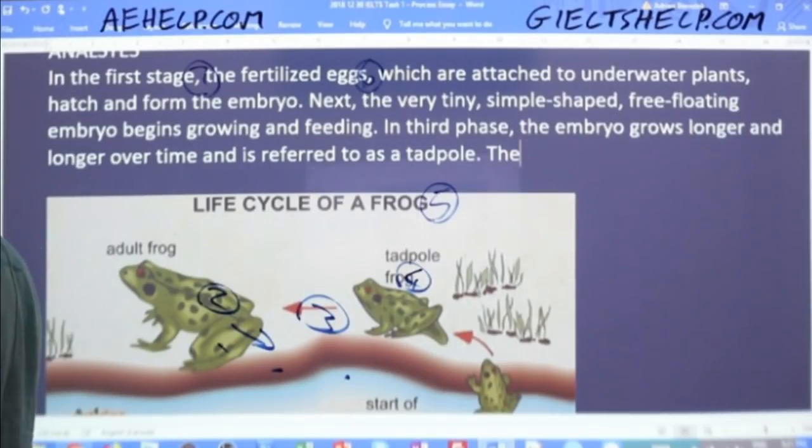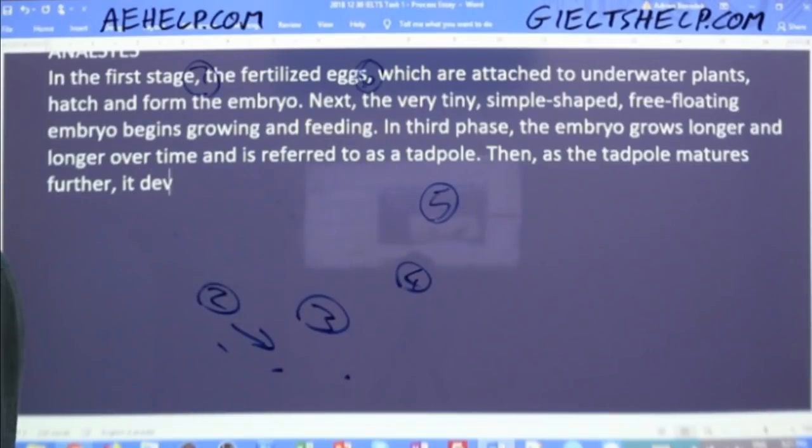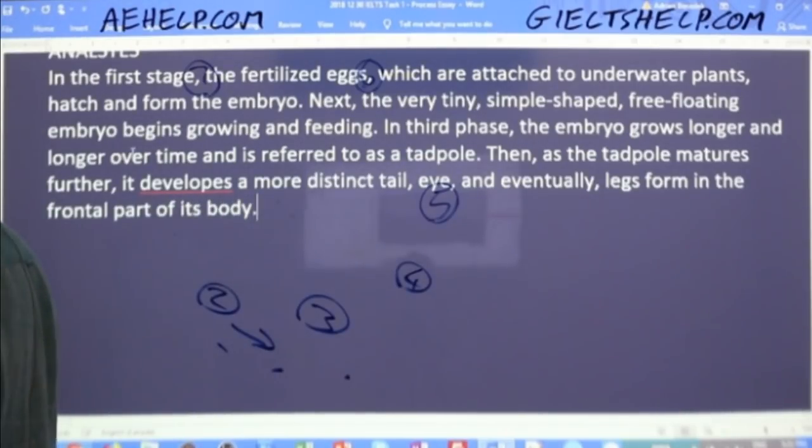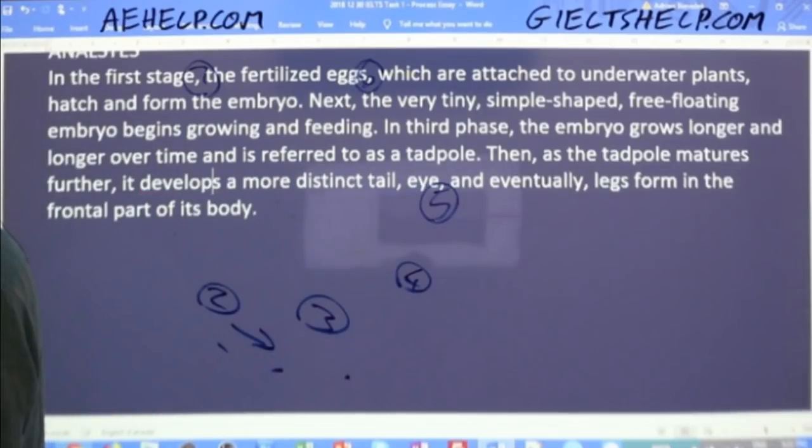So then, as the tadpole matures further, it develops a more distinct tail, eye, and eventually legs form in the frontal part of its body. Okay. So there we go.